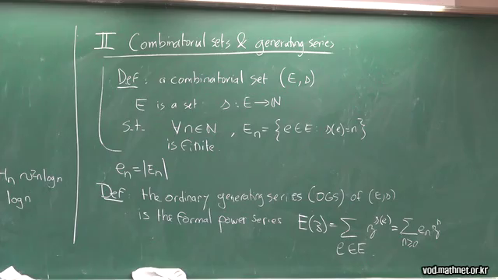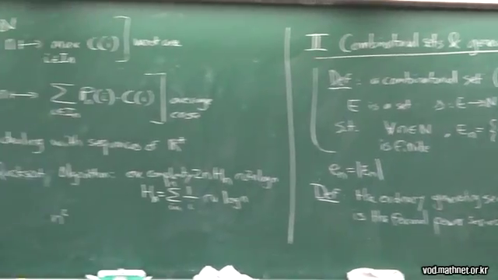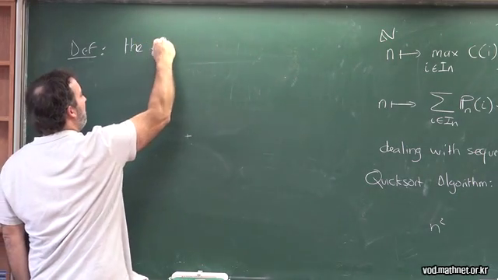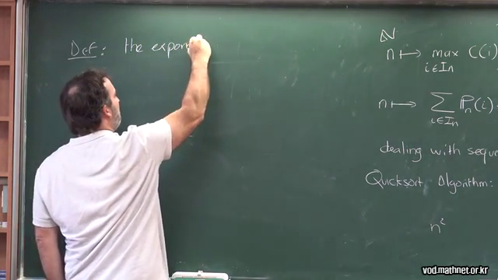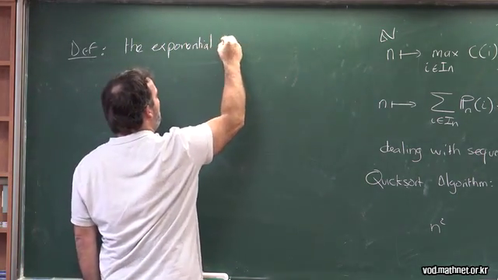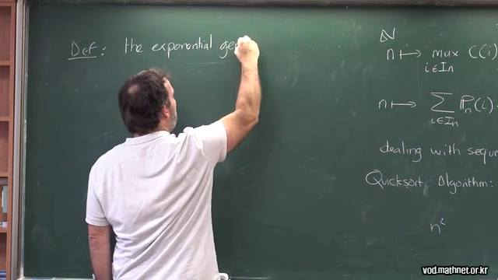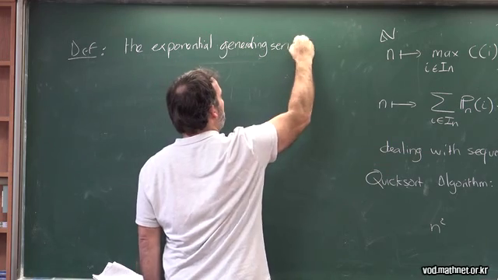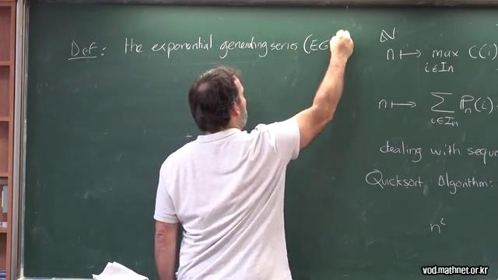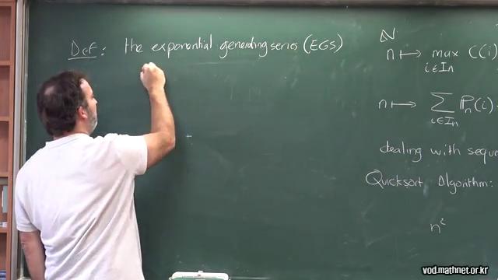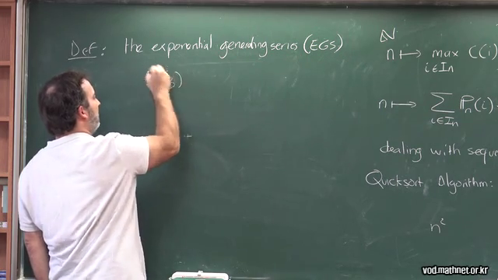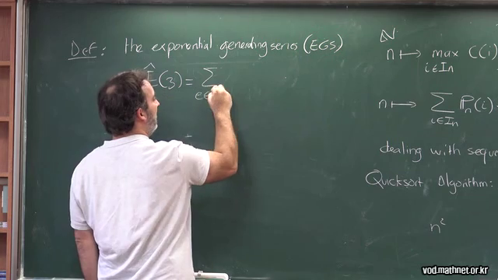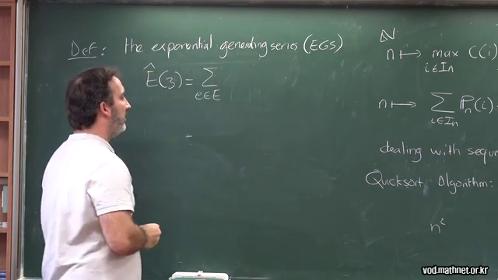And we also have the exponential generating series. This is the same thing, but you divide by n factorial.